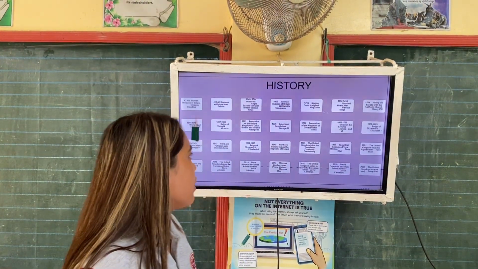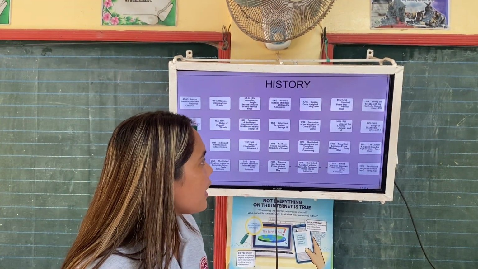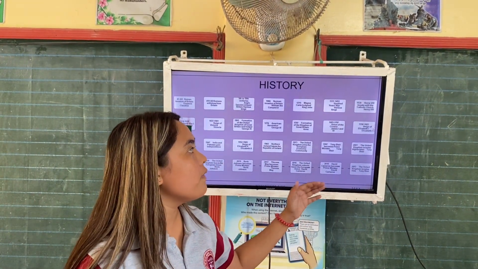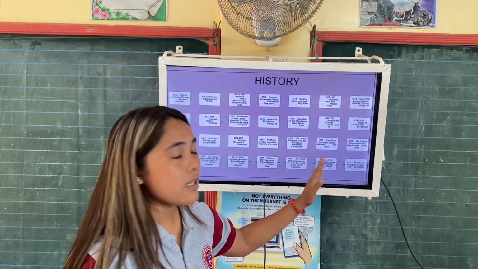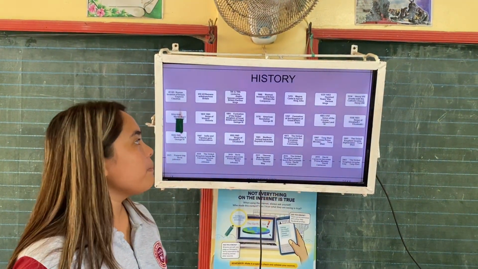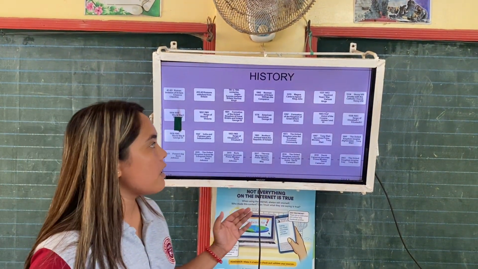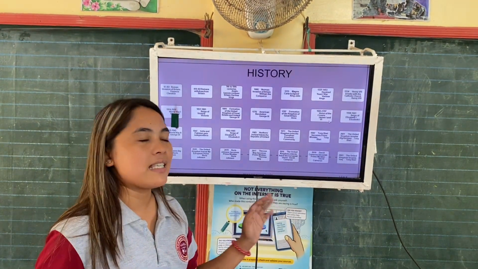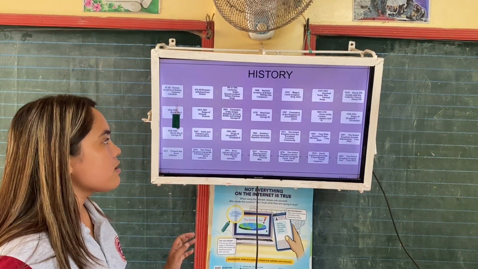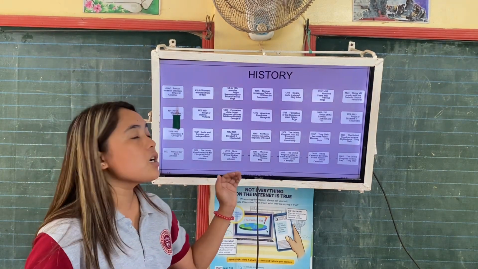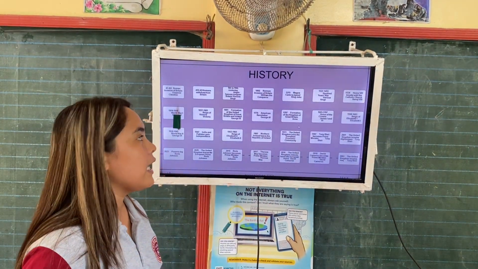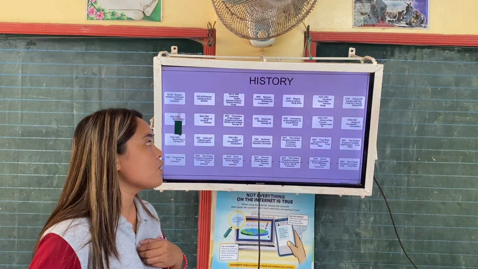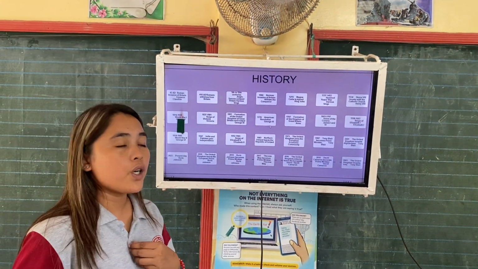Followed by 1558 to 1603, the reign of Elizabeth I, and then by 1603 to 1707, the union of the crowns, James I and the Sixth. And then by 1707, the formation of the Kingdom of Great Britain. And then by 1776, the American Revolution under George III.